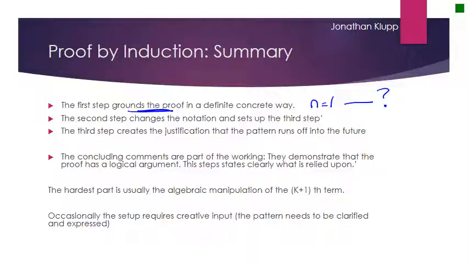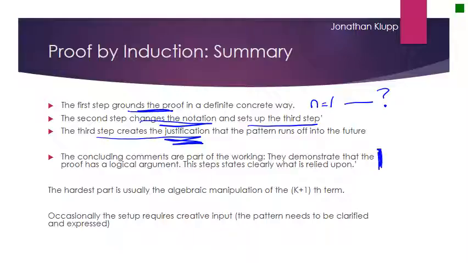One is true. The second step sets us up with a k notation and the idea that we're going to be going through to the k plus 1th, and that's what the third does. It's the powerful mathematics that justifies that the pattern runs off into the future. Now the concluding comments can't be ignored.